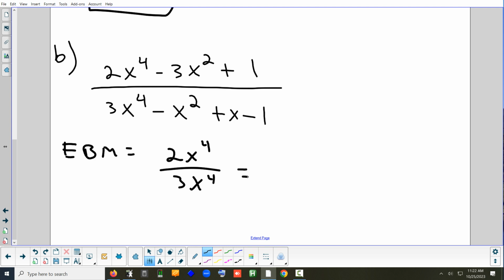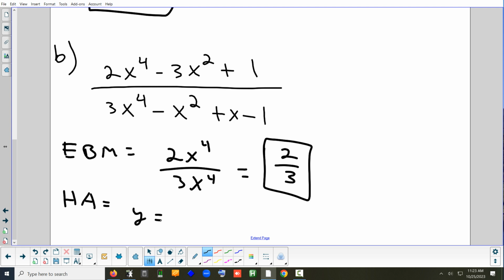And when you reduce that, what do you get for an end behavior model? It would be 2 over 3 because the x's cancel. Now the horizontal asymptote might seem a little weird, but I'm going to ask exactly the same question. Tell me what happens to the number in this box as x gets bigger and bigger.